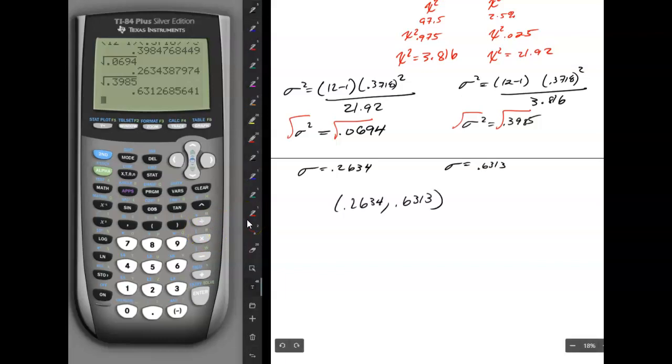Or, in words, if we wanted to interpret this, we are 95% confident that the population standard deviation of the peanut jars is between 0.2634 and 0.6313 ounces.